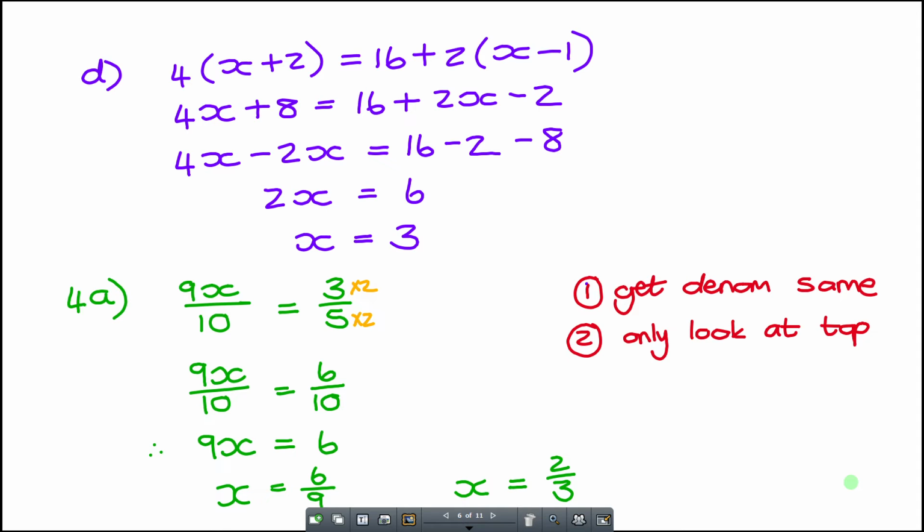The 10 at the bottom, we could ignore it because it was the same for all of them. So we only have to look at the top. You'll see at step 2, only look at the top. Maybe we should write step 3, solve equation.